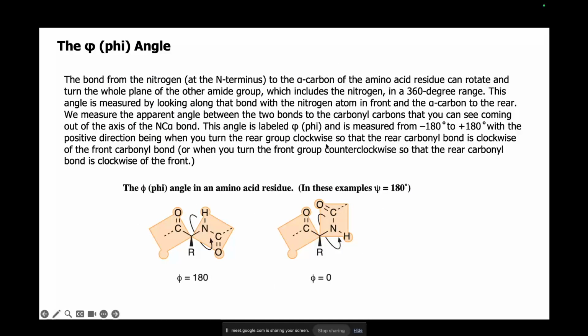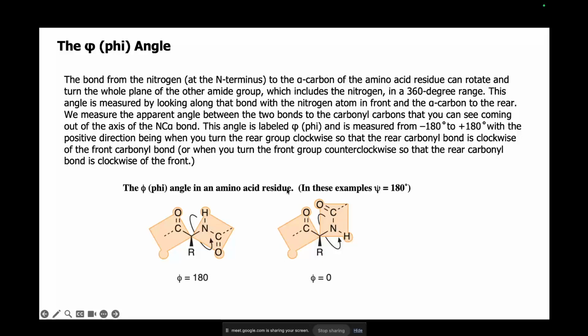Now the second type of bond is the phi bond, or the phi angle, that we are looking at. It is basically with the other bond. So this was the psi bond. Now this is the phi bond. The alpha carbon is connected to the N terminus of the amino acid, right? So the bond from the nitrogen at the N terminus to the alpha carbon of the amino acid residue can rotate and turn the whole plane of the other amide group, which includes the nitrogen, in a 360-degree range.